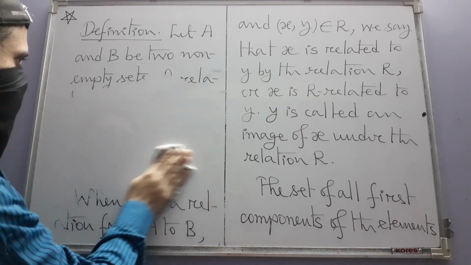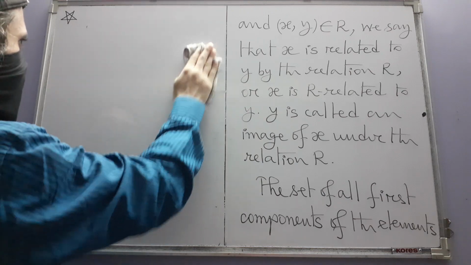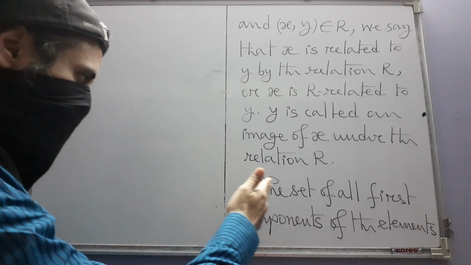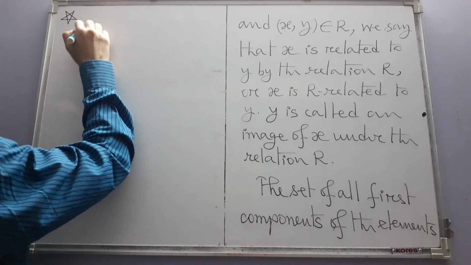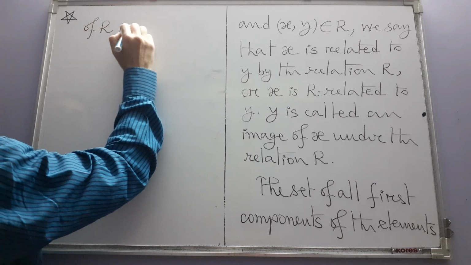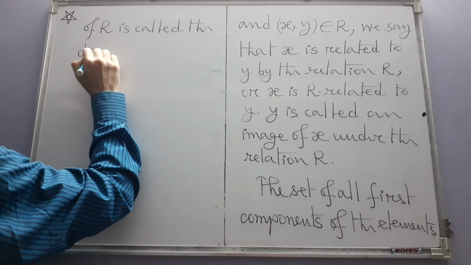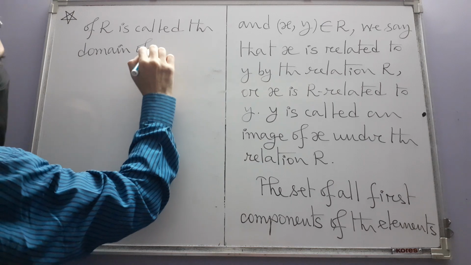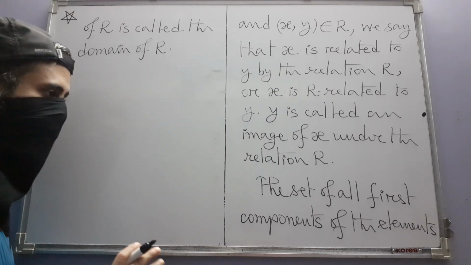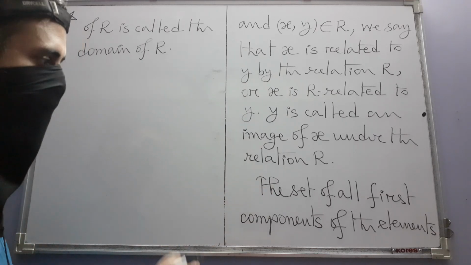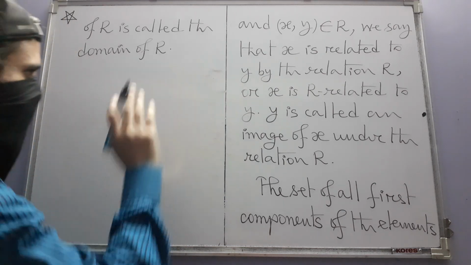Any subset of A times B is a relation from A to B. The set of all first components of the elements of R is called the domain of R. Okay, so this is something else, again related to a general relation R. So we are going to understand what this is saying, but let us first write the other things also.